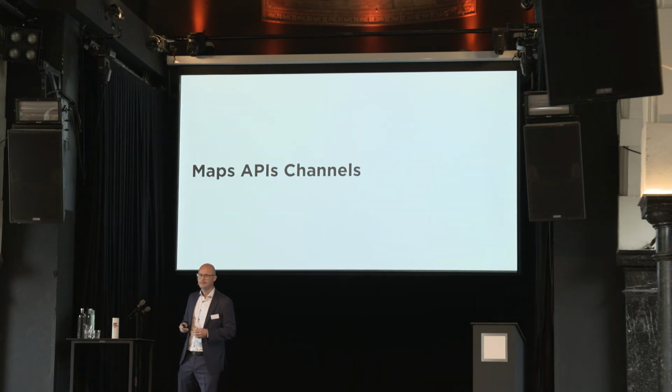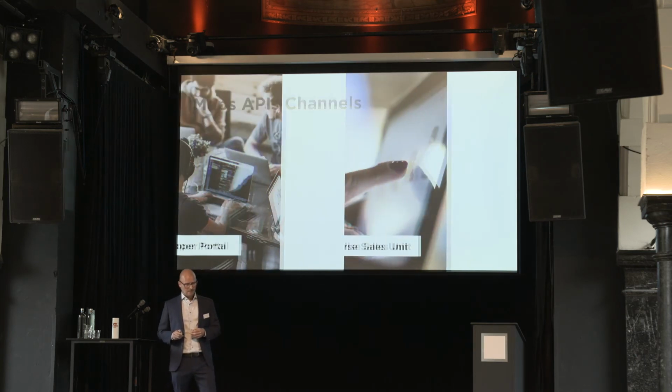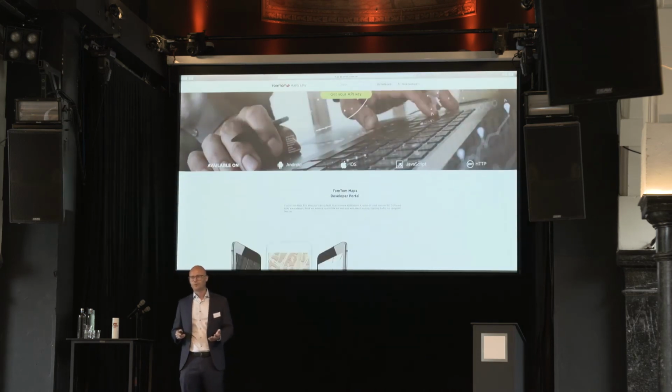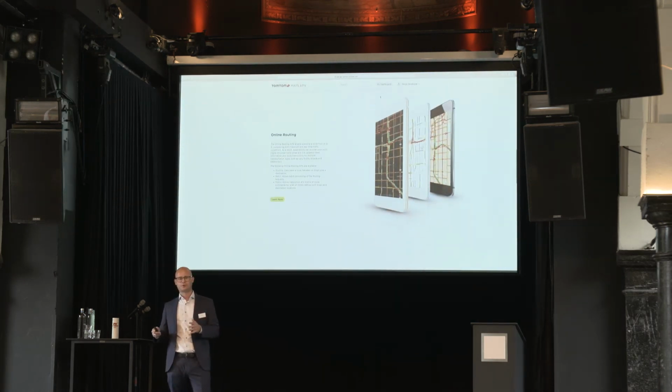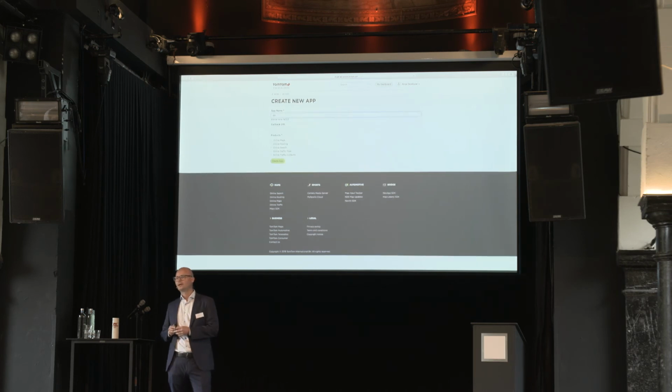If you look at our Maps API channels, we have two high-level channels for how we go to market with our Maps APIs. We have our own developer portal, and then we have our enterprise unit for the larger strategic deals for going out to the market. If you start with the developer portal, you just go to developer.tomtom.com, and you get access to our developer portal. Look at it a little bit like a store, where you can go and browse around and figure out what you want to buy.